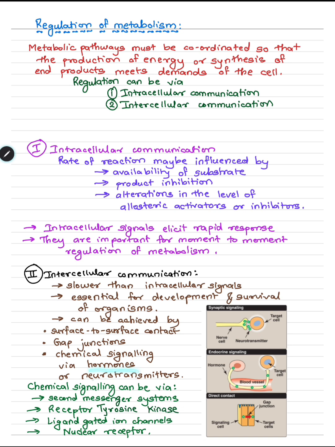These hormones or neurotransmitters act via second messenger systems or receptor tyrosine kinase, that is, an enzyme linked to the receptor, or via ligand gated ion channels, or via nuclear receptors. In this video, we'll be dealing with second messenger systems and receptor tyrosine kinase.